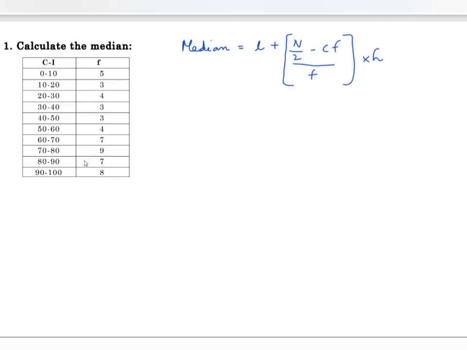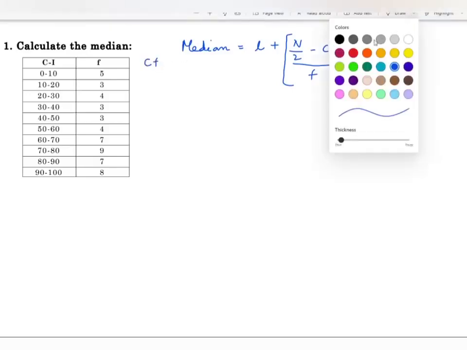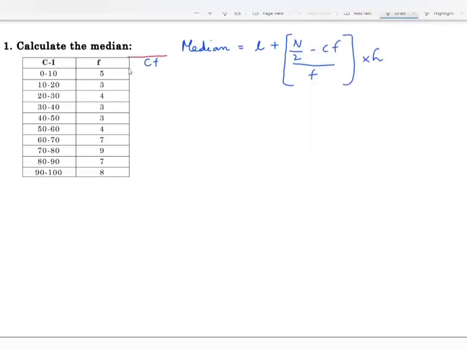Now the first step is to find the cumulative frequency column. To find the cumulative frequency, write down the first frequency as it is, that is 5. Next, 5 plus 3 is 8. Next 8 plus 4, 12.